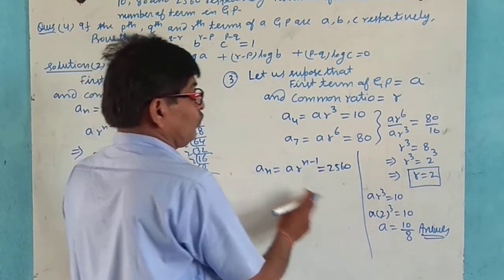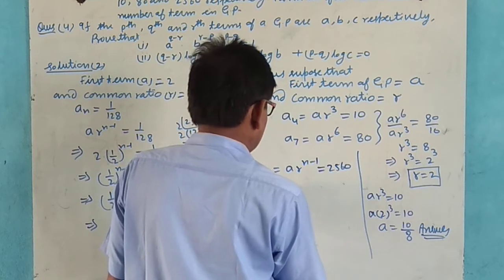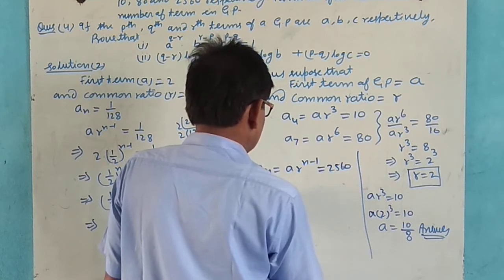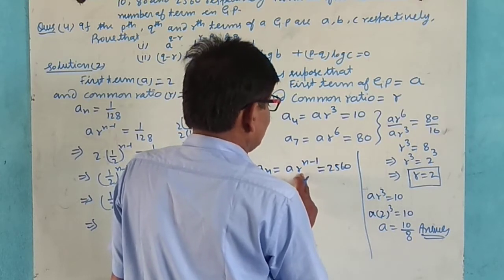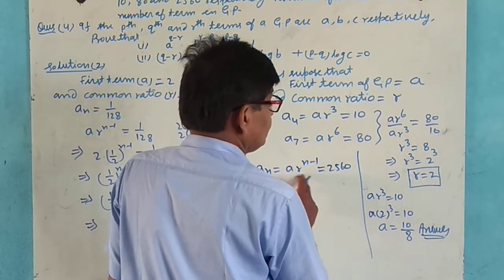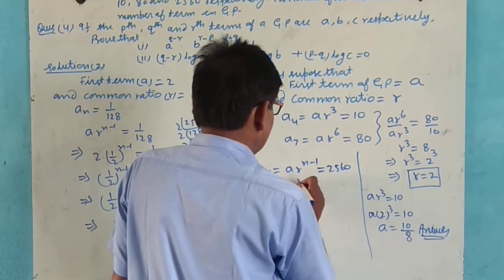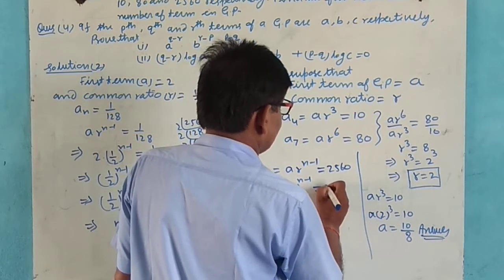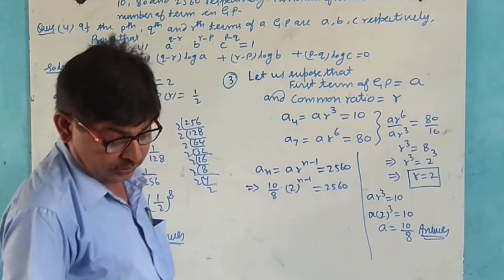A equals 10 by 8 into R equal to 2 to the power n minus 1 equal to 2560.